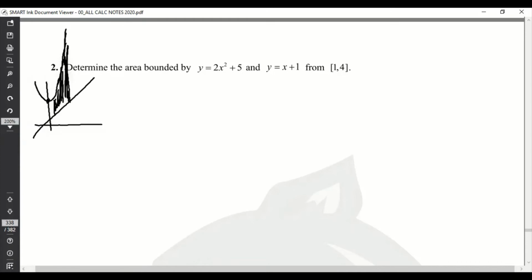It's probably going to get steeper and steeper. And there's our area from 1 to 4. So from 1 to 4, our upper is 2x squared plus 5.